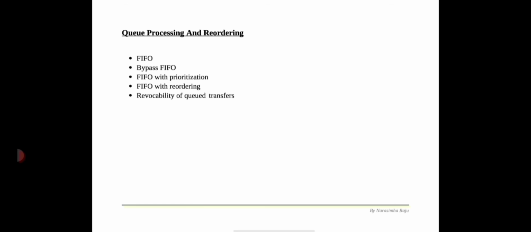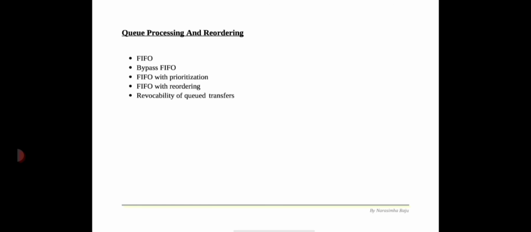And coming to the next type of queue processing, FIFO with reordering. Assume that the system center, or the same bank A, can reorder the queued transfers under the FIFO rule.